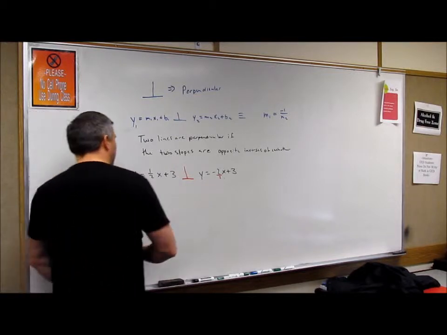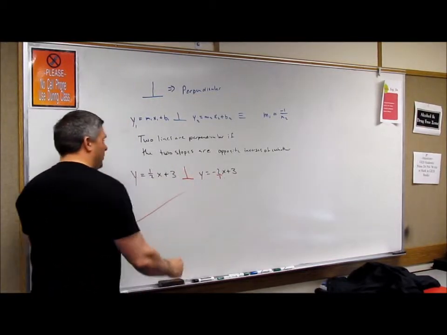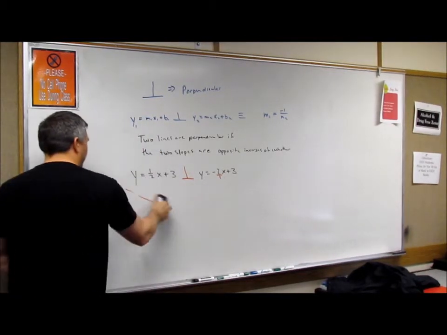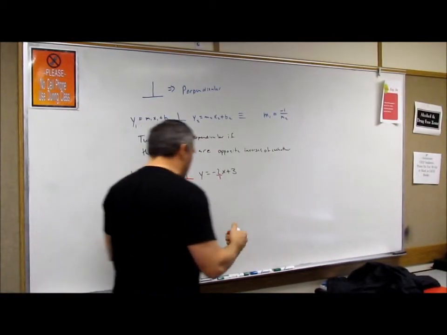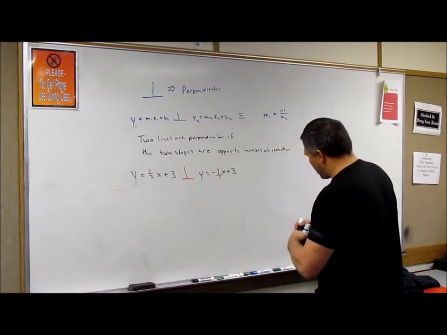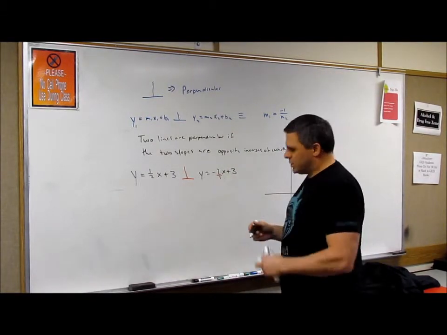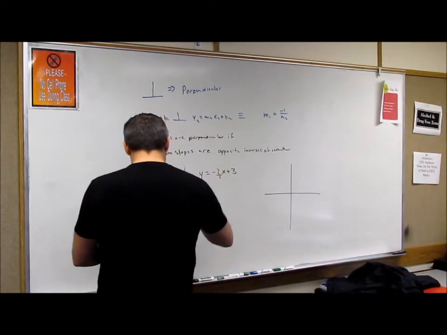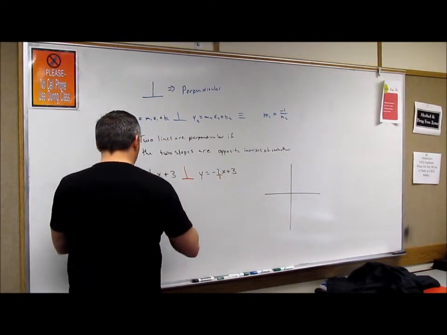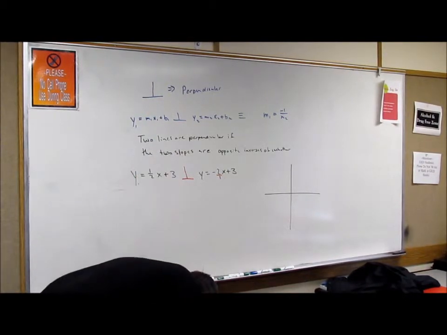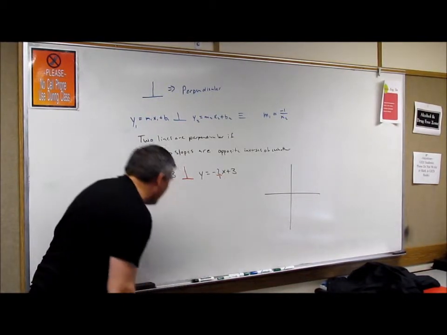One is going positive, and one is going negative. But not just positive and negative like that. Let's graph them, and let's see. I'm going to make this one blue. When you say when one is positive and one is negative, which one are you talking about?